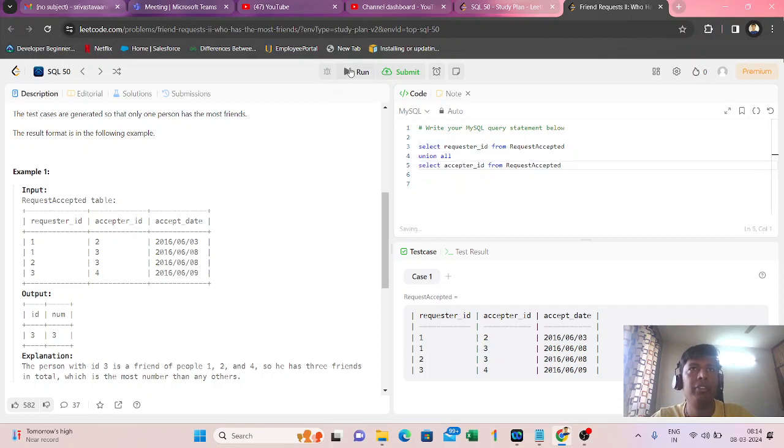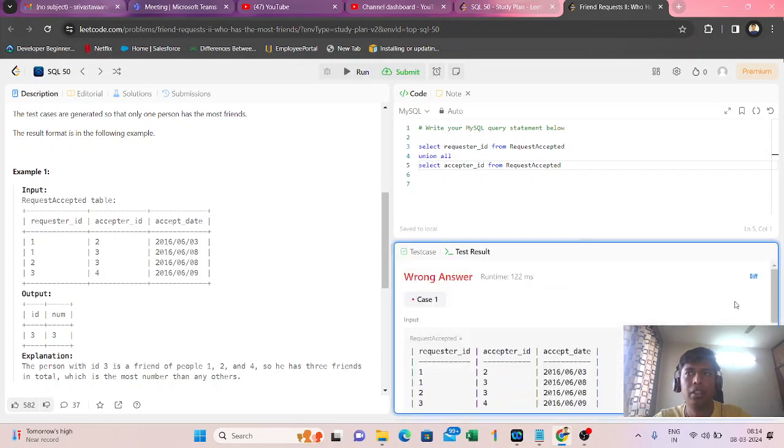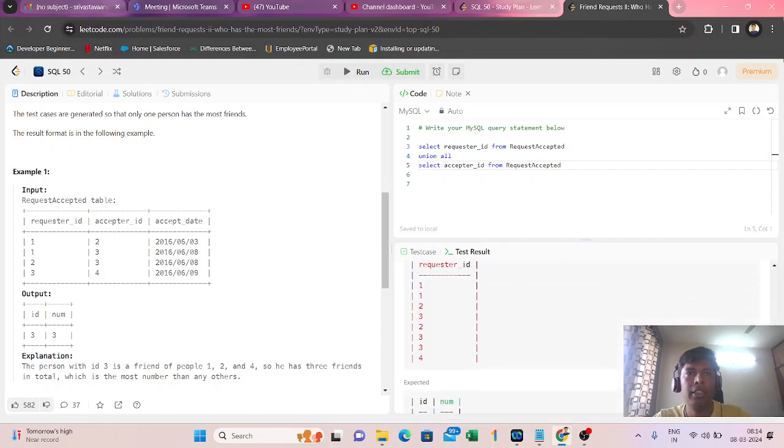But let me first run this. Okay, don't worry about it. See, we have got our desired table structure. So we are halfway there to our output.